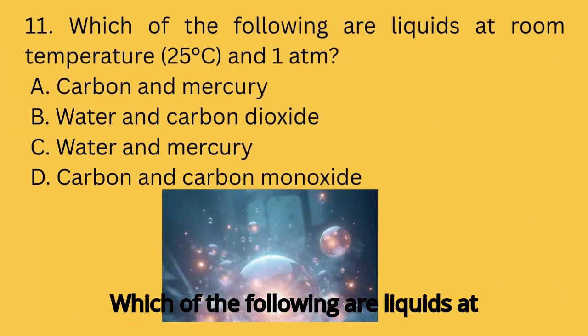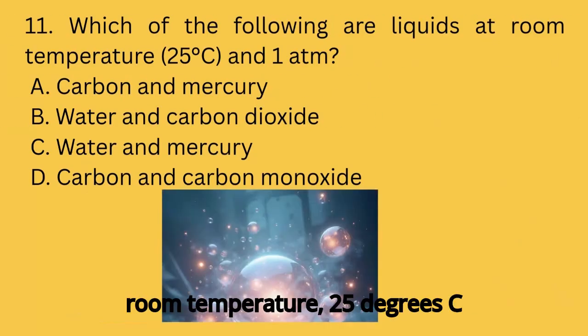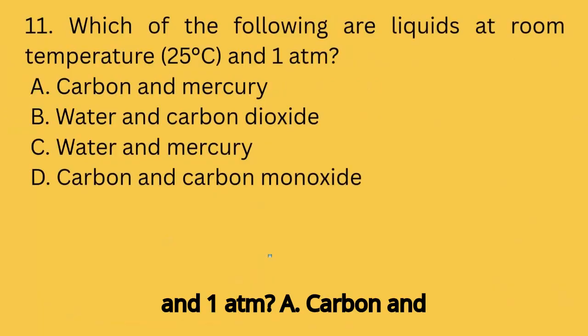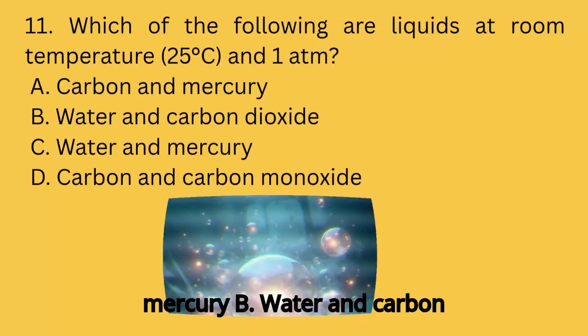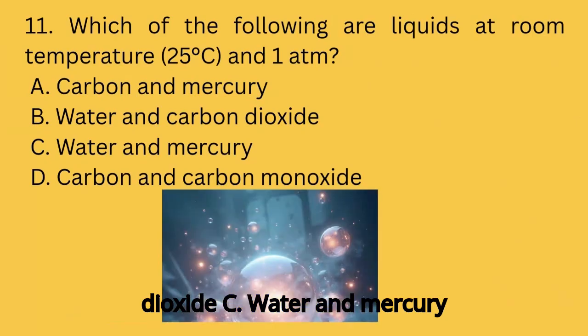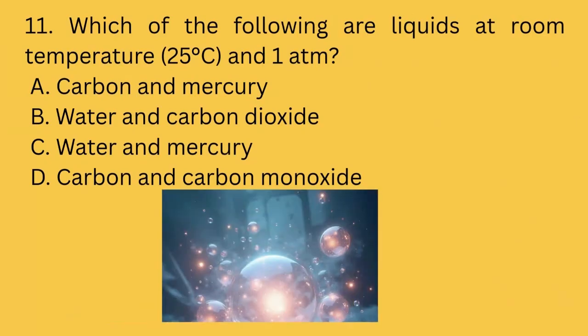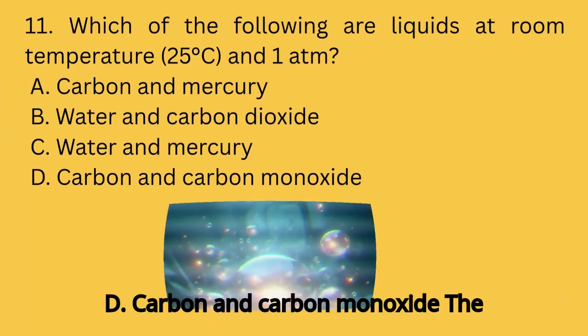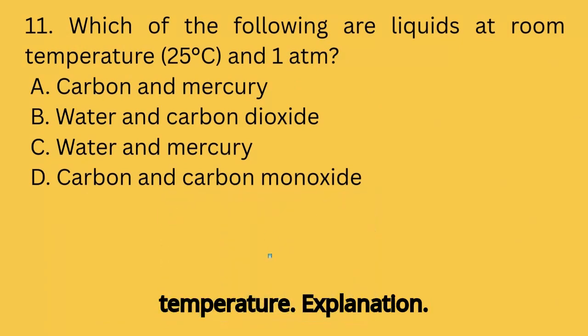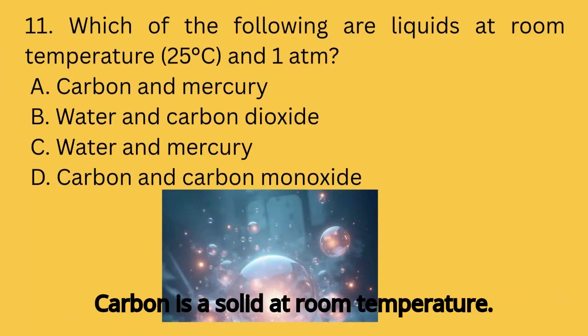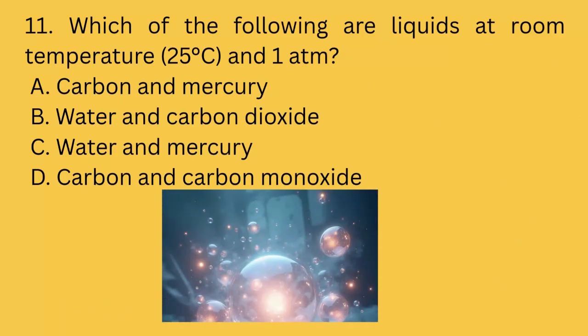Question number 11. Which of the following are liquids at room temperature, 25 degrees C and 1 atm? A. Carbon and mercury. B. Water and carbon dioxide. C. Water and mercury. D. Carbon and carbon monoxide. Explanation: Carbon is a solid at room temperature.